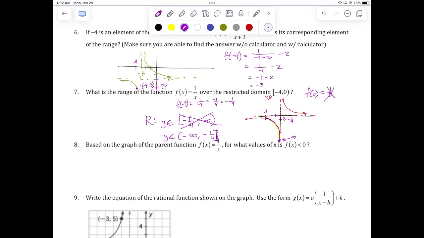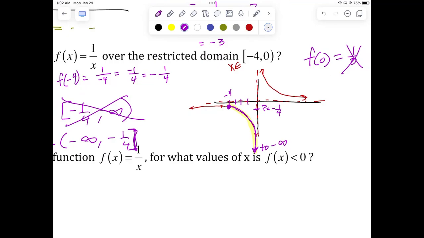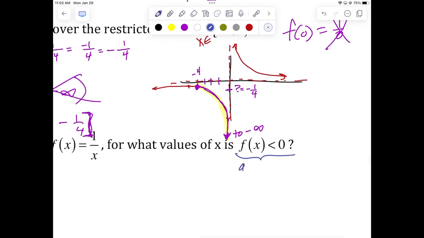Based on the graph of the parent function 1 over x, which is still sitting right here, we can use that. For what values of x is f of x less than 0? We need to write this now in words. F of x less than 0 is going to be where the graph, which is f of x, is less than 0, below y equals 0, the x-axis.